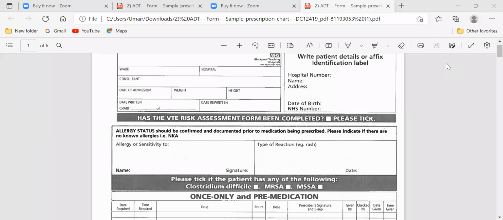Your consultant has prescribed him lithium carbonate, 800 mg.